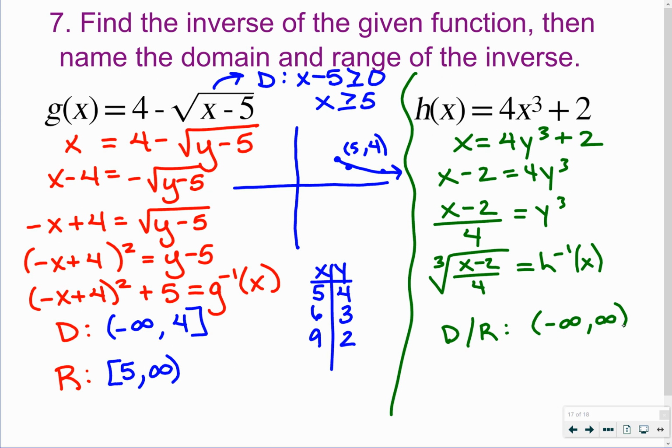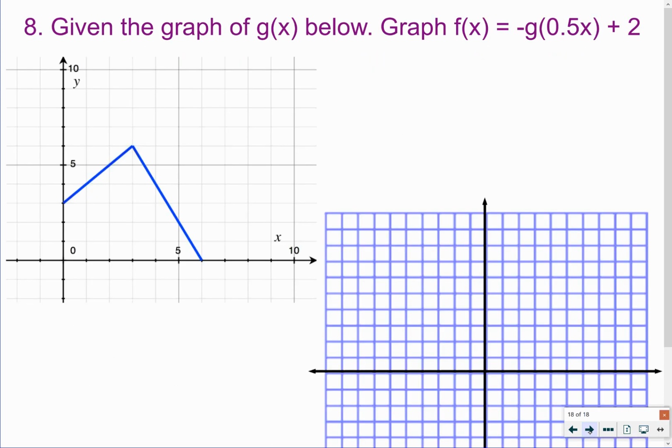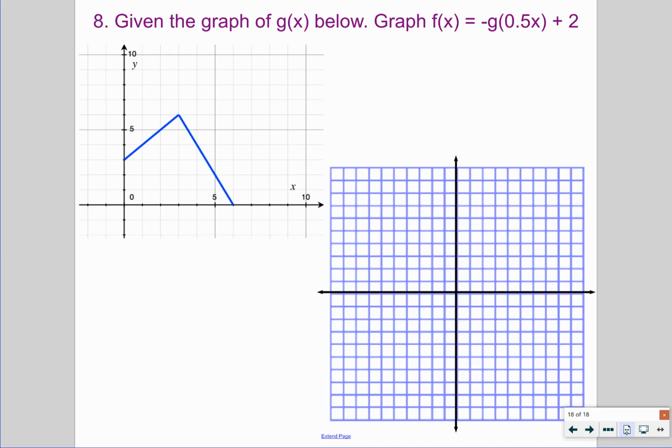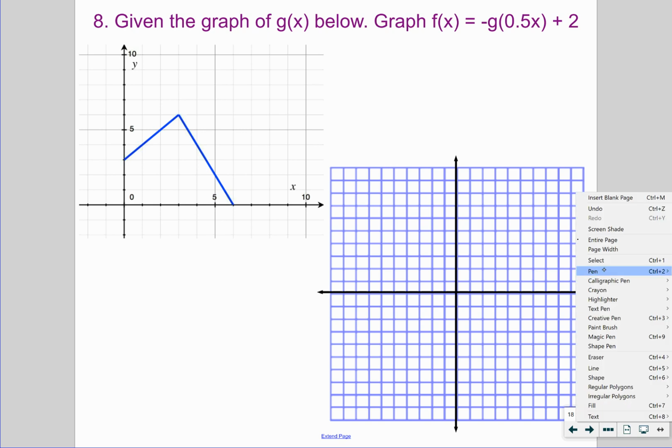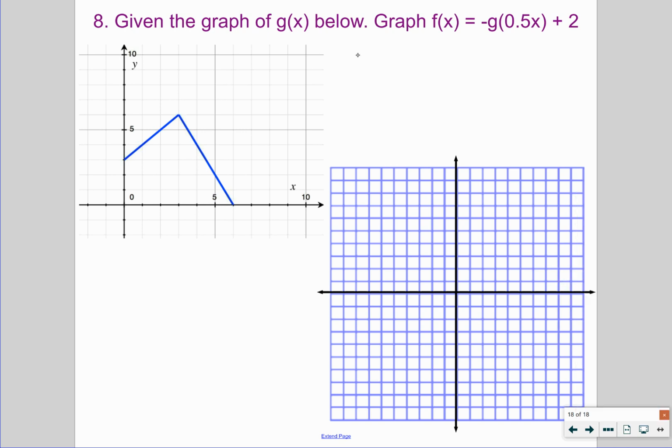All right, last problem. Given a graph, find the new function with transformations. Okay, so we're going to look at the equation we're given up there and figure out what those numbers do. What does a negative on the outside of a function do? Reflect over the x-axis.